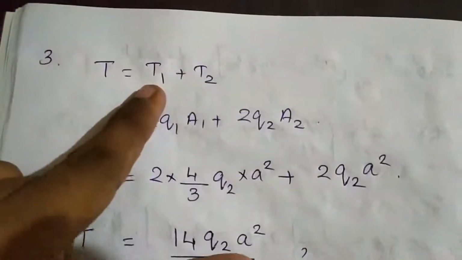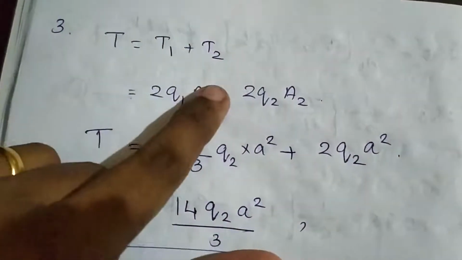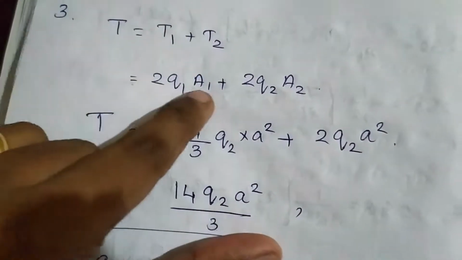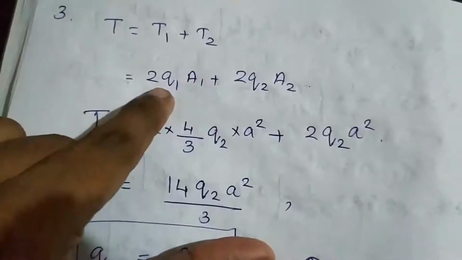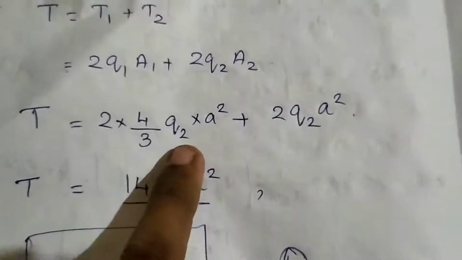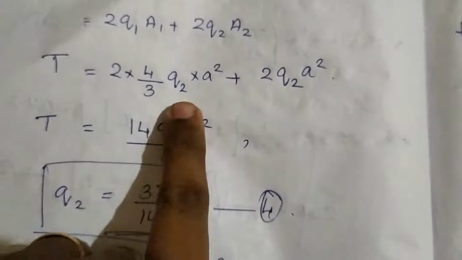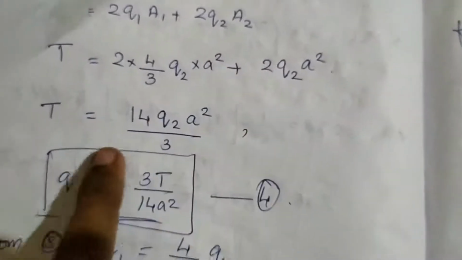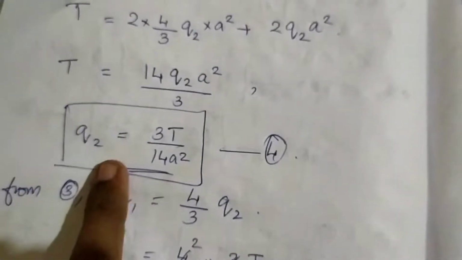T is equal to, third position is T1 plus T2, that is 2 Q1 A1 plus 2 Q2 A2. Instead of the value of Q1, you give it with respect to the value of Q2 from here. So you give the value of Q1 in terms of Q2 and you will get the value of Q2 now.